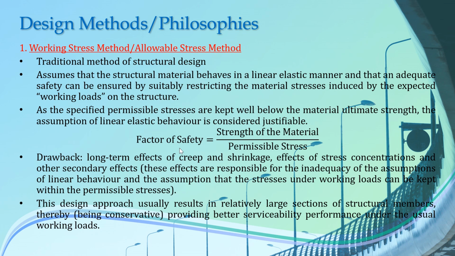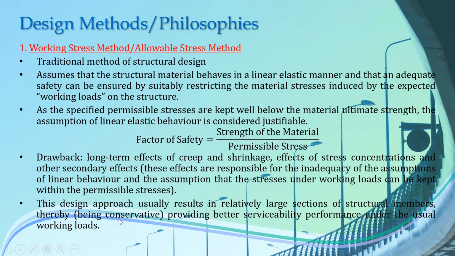So the margin of safety is at the root of these different design approaches, and the way to calculate this margin of safety is what divides the design methods or design philosophies into different types. And the first design method that we are going to talk about is the working stress method or the allowable stress method. So this is the traditional method of structural design, and this is not only used for reinforced concrete structures, but also for structures made from other materials such as steel and timber.